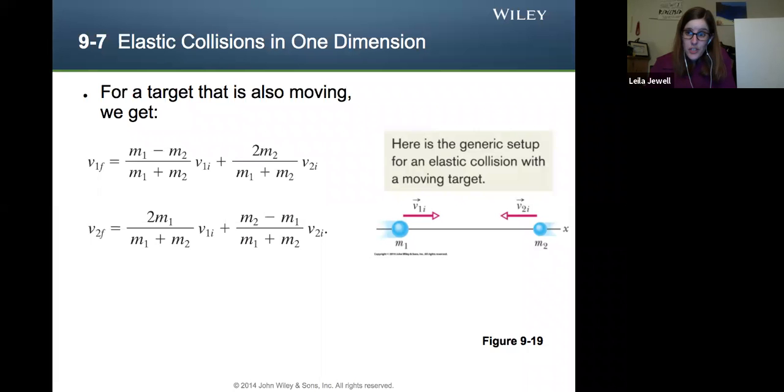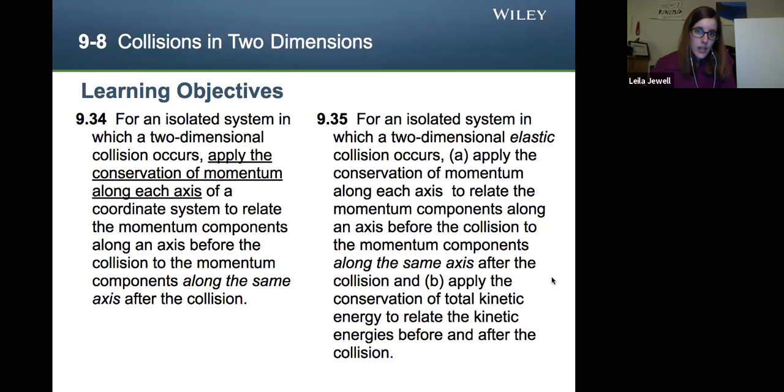So as long as the problem mentions it's an elastic collision, this is a really quick way to start with the initial velocities and the masses and figure out how fast they're moving after they collide. So those are two handy equations to keep in your back pocket for any time a problem mentions it's an elastic collision. That's where we'll wrap up.